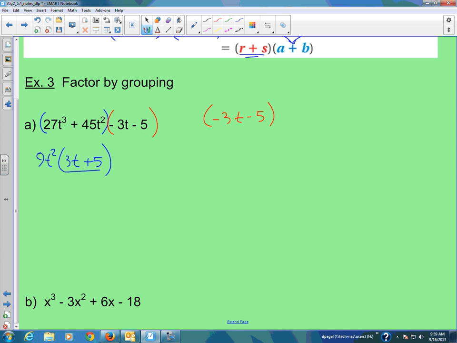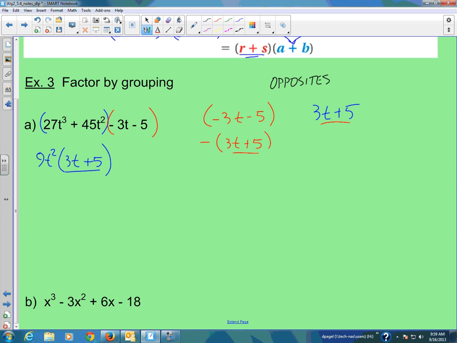Positive 5, negative 5. These are opposites. And when you have opposites, you can pull out a negative 1. To make the red group look blue, I pull out a negative 1. I get a positive 3t plus a 5. And now those two things are the same.